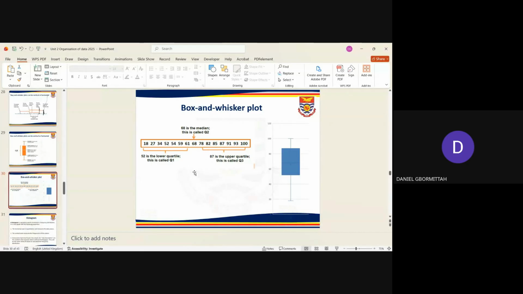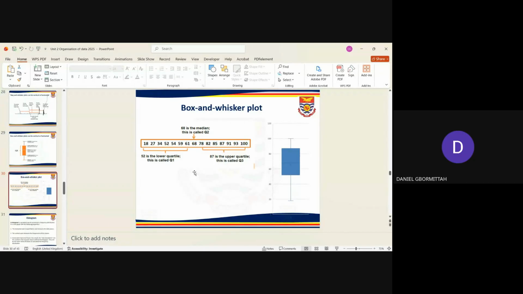So let's look at the data that we have here. They are student scores. Is the data set arranged in ascending or descending order? Yes, so it's arranged.